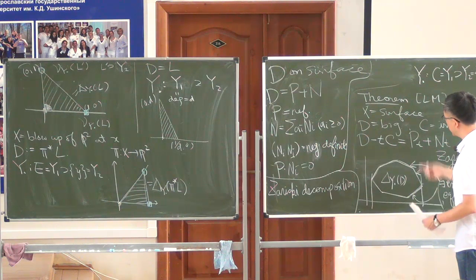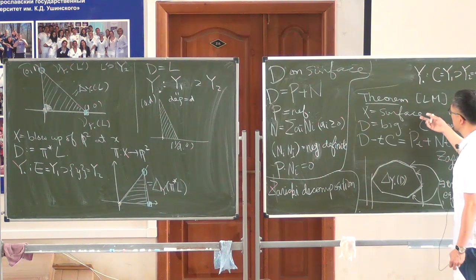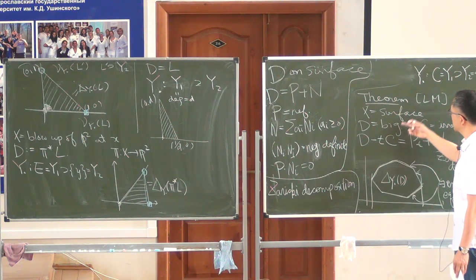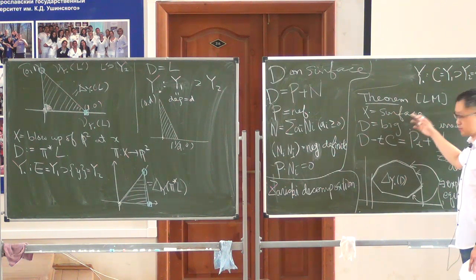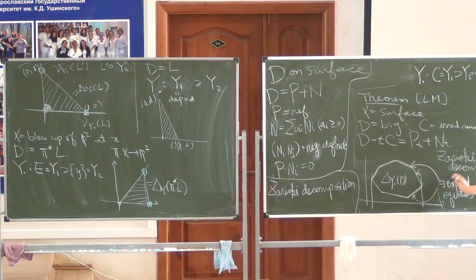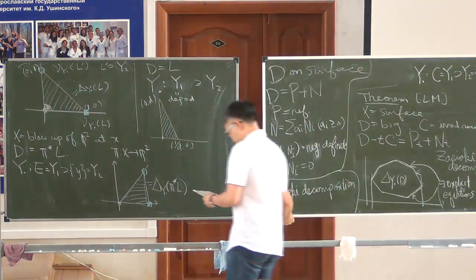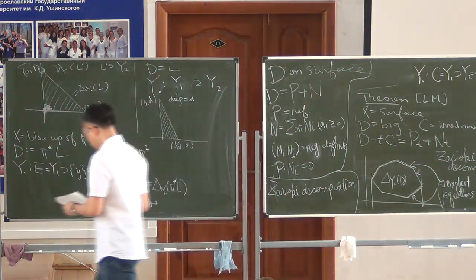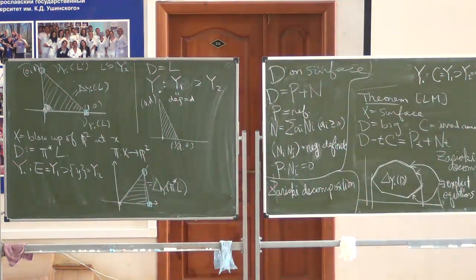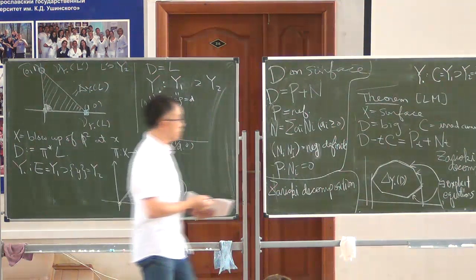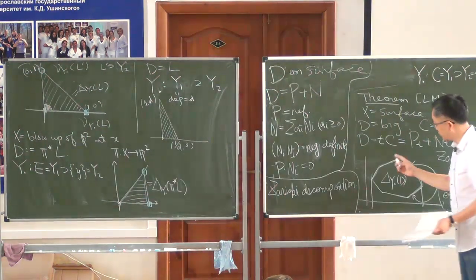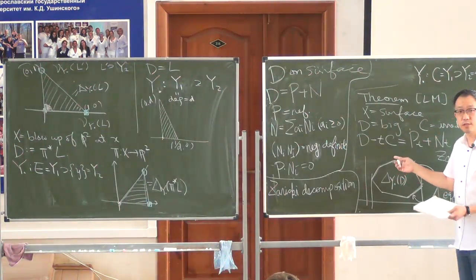But in higher dimensions, even in dimension 3, you don't get the Zariski decomposition in general, so you cannot come up with this kind of explicit equations. You mean the rationality?